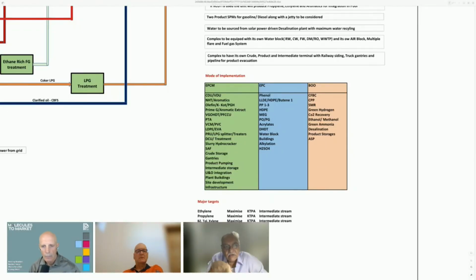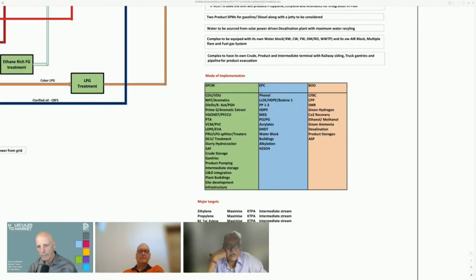Now, why I've told you this is that the mode of implementation is very important to be broadly decided in the initial stages itself in the feasibility report, and the board is informed of three things. A, they are told about the configuration of the plant, the material balance, and the strategy to meet the objective function of the plant. That is one, purely technical.